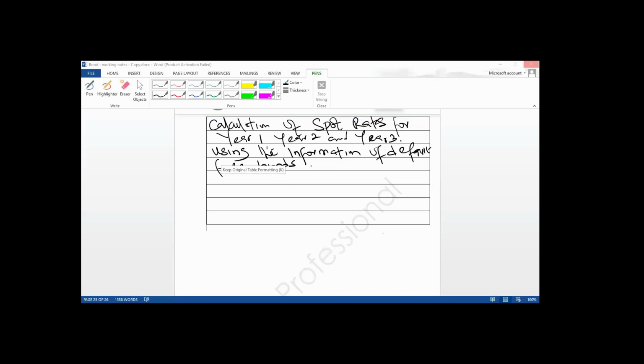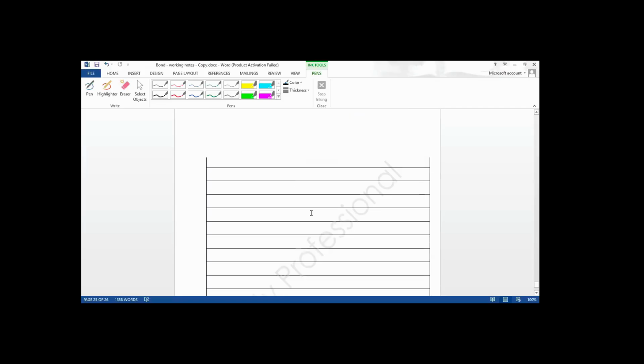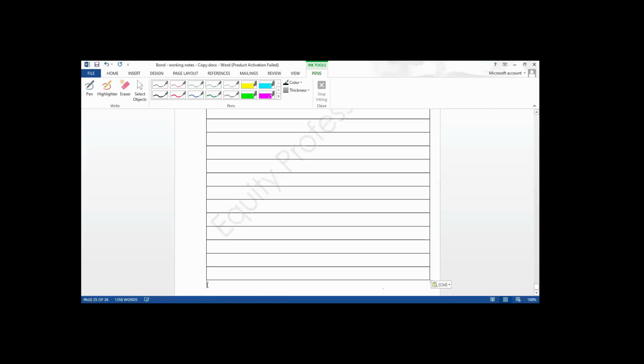That information can be used to get the spot rate for year 1. Default free bond 2 has maturity of 2 years; that bond information can be used to get year 2 spot rates.